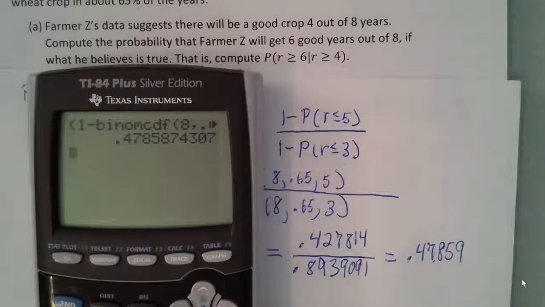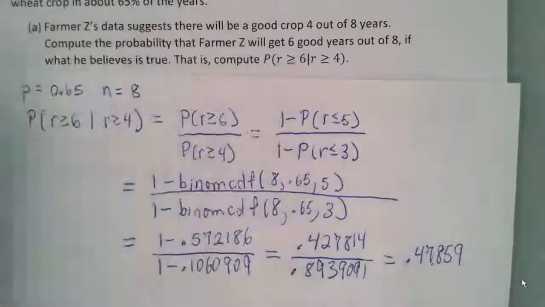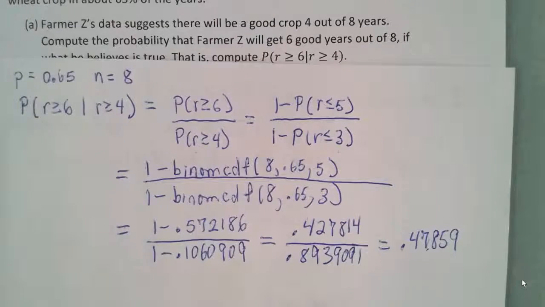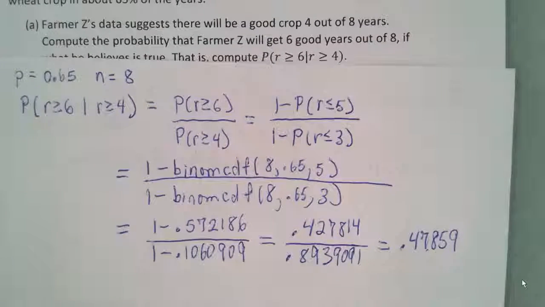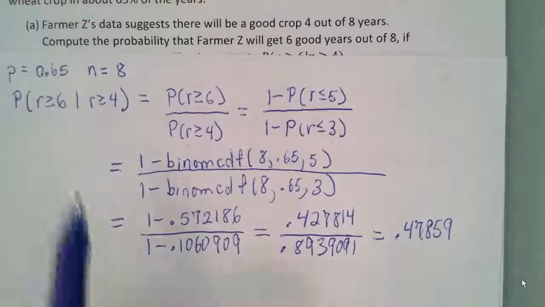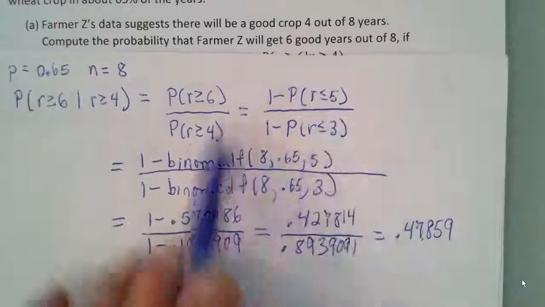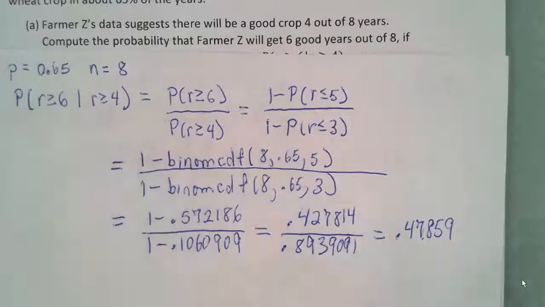And that gives me my 0.478, etc., all in one calculation. The reason I did it this way at the beginning was just to make it easier to follow, but if you are trying to move along quickly, then build a skill with a calculator. You'll be better off doing it all in one fell swoop.